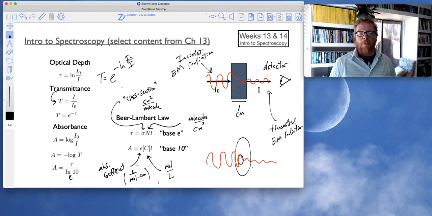We normally empirically determine that coefficient by making standard curves and so on.